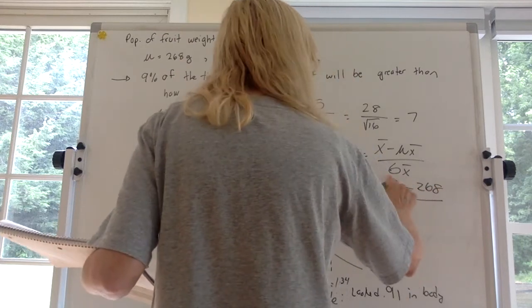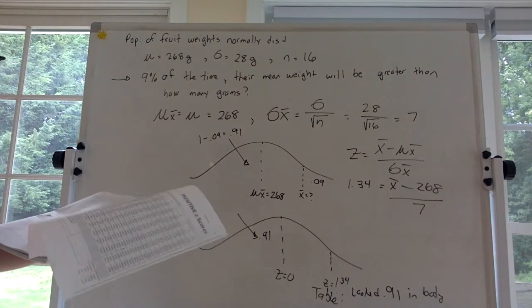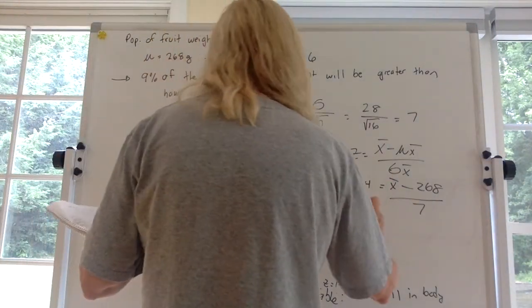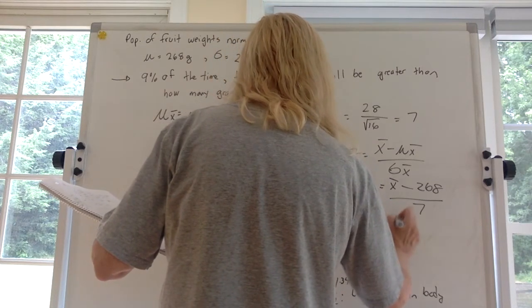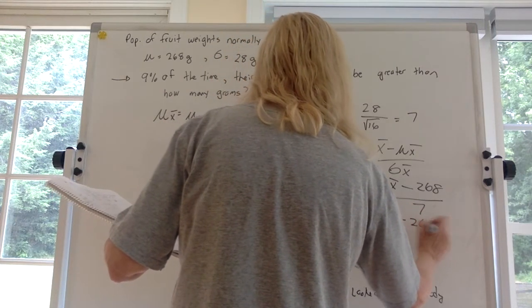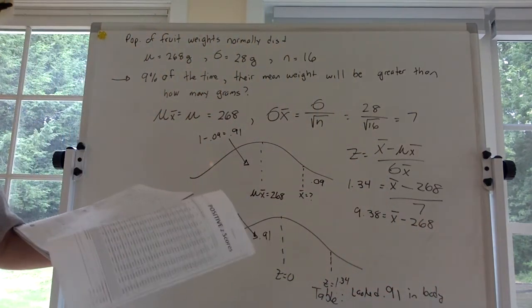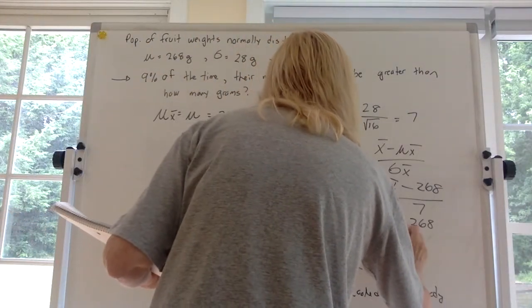And we know the sigma x bar was 7. Okay, so we cross multiply. 7 times 1.34 is 9.38 equals x bar minus 268. Add 268 to both sides to get x bar by itself. And you get an x bar equal to 277.